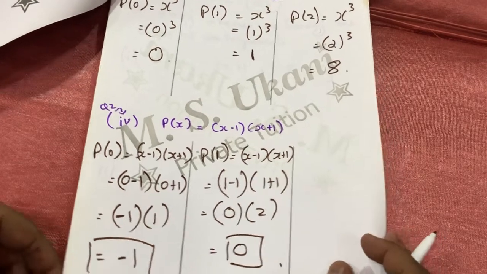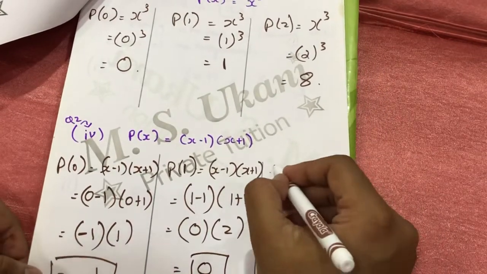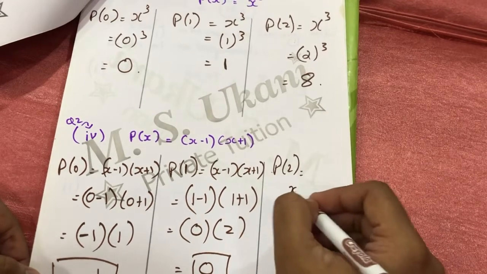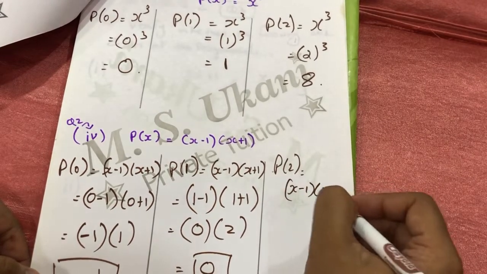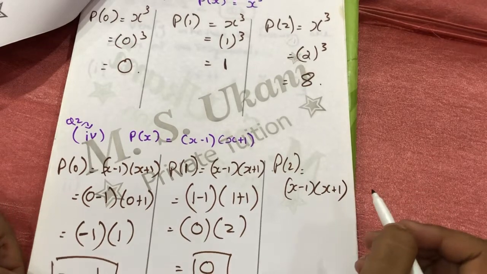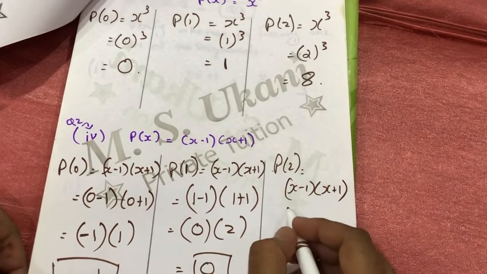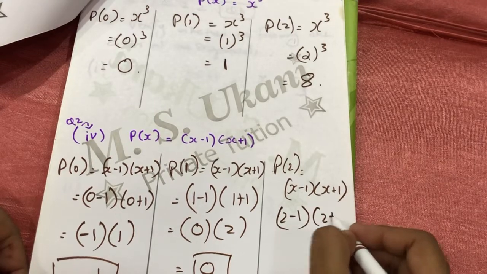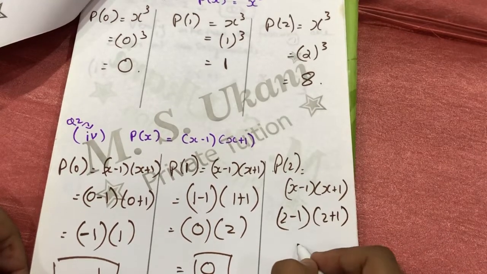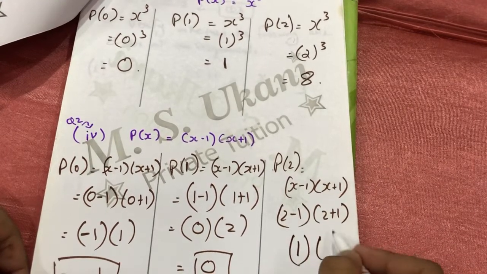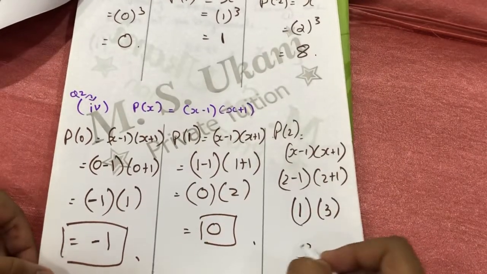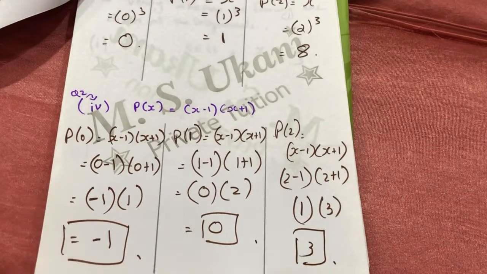And the third, we have to put p(2) in (x minus 1)(x plus 1). So here in place of x we will put 2. 2 minus 1 and 2 plus 1. 2 minus 1 means 1, multiplied by 2 plus 1 will be 3, and 3 ones are 3. So this is question 2, fourth one.